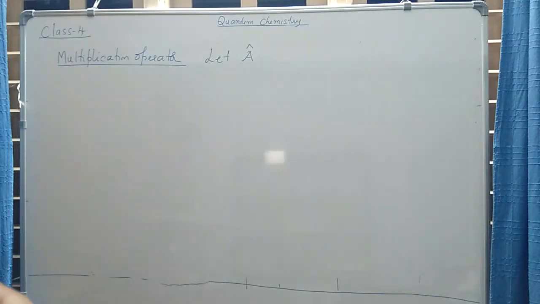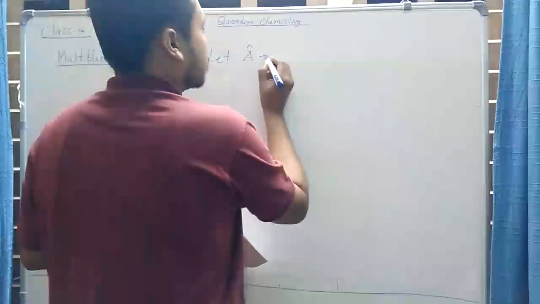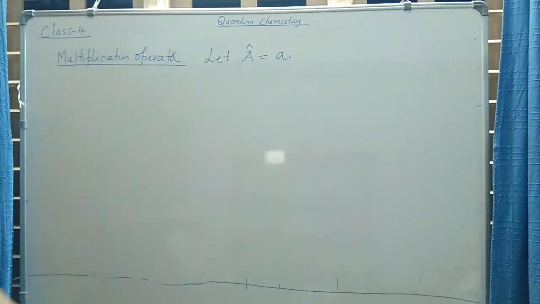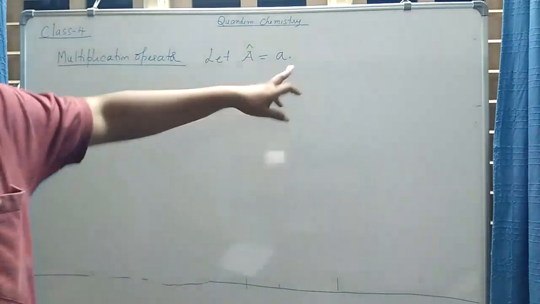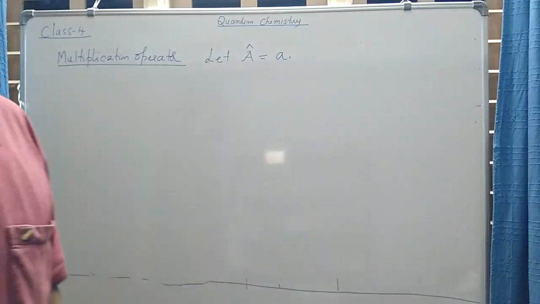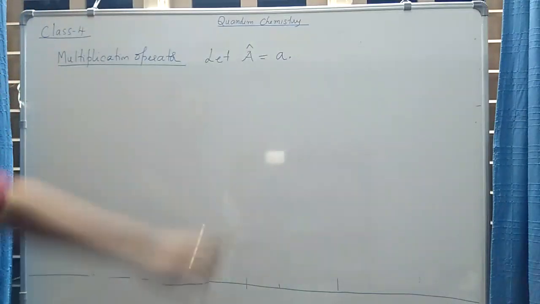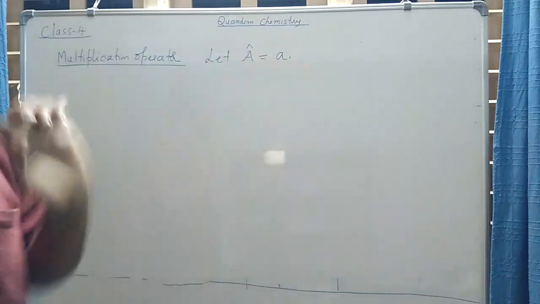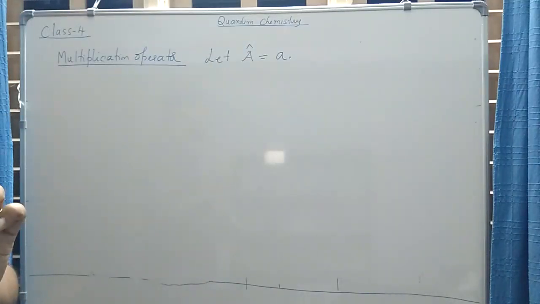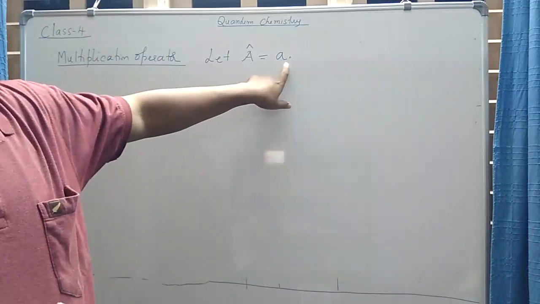Here the operator A is just represented by A dot, where A is some number, or it may be a function, for example sin x or 4x square or x cube, and so on. So it can be a number or a simple mathematical function. So this dot suggests that I am multiplying an operand by this number or this function.